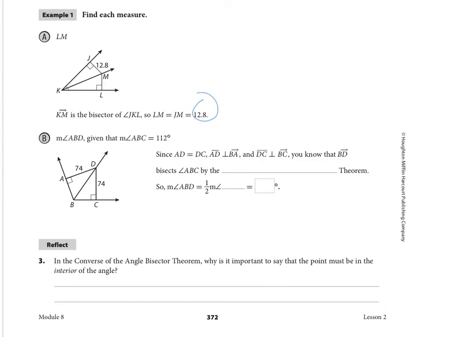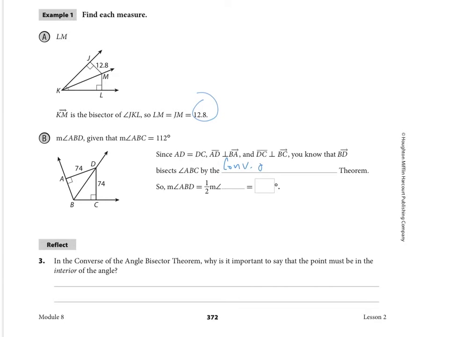If we want to know the measure of angle ABD, the top part of this angle, given that the measure of angle ABC is 112, ABC being the full angle, we can say that is going to be by the converse, because we're not starting with knowledge about the angles, we're starting about the sides.